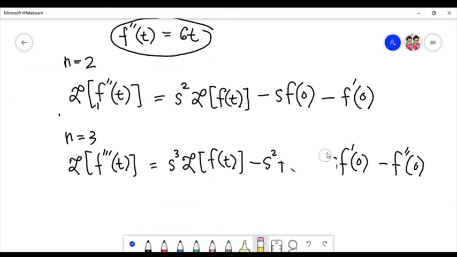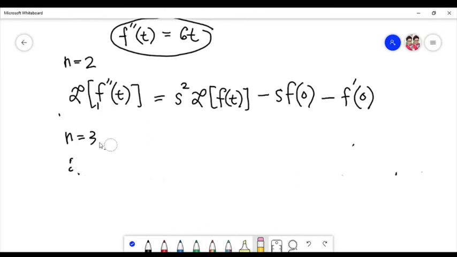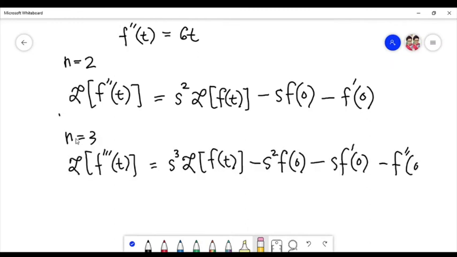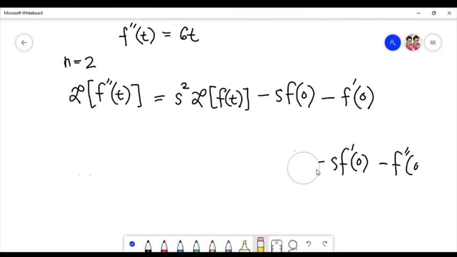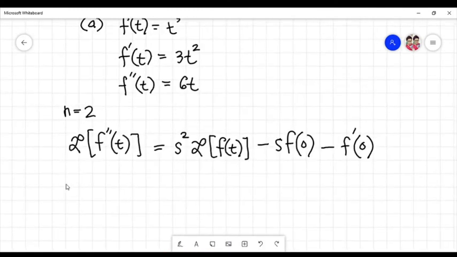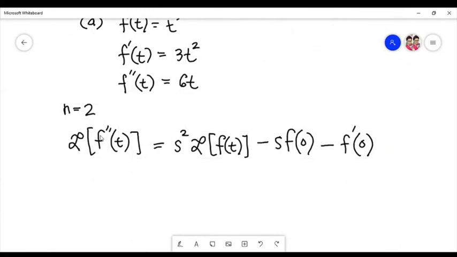Okay, so if we use the second derivative, then the Laplace transform of the second derivative, our f double prime of t is 6t, right?